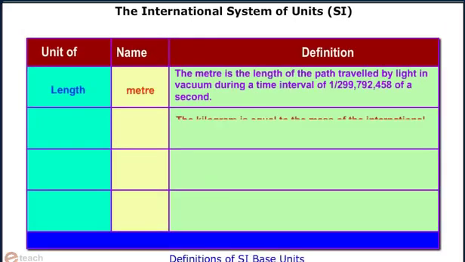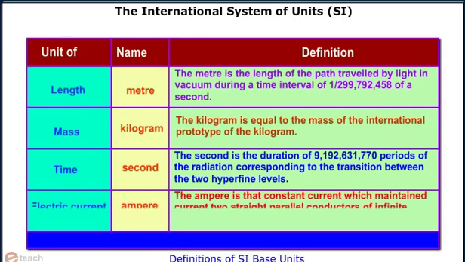The meter is the length of the path travelled by light in vacuum during a time interval of 1 by 299,792,458 of a second. The kilogram is equal to the mass of the international prototype of the kilogram.